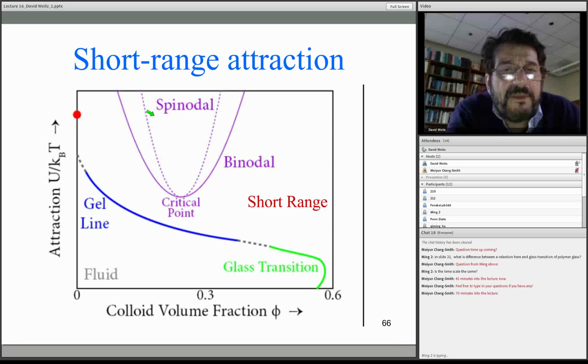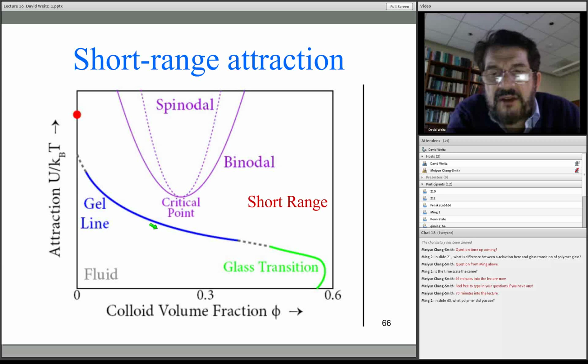But now what happens if you go back to a short-range interaction where this is hidden and you can see the gel-like behavior? How can we understand that? How can we describe that? There's a question on slide 63, which was this phase separation, I believe.